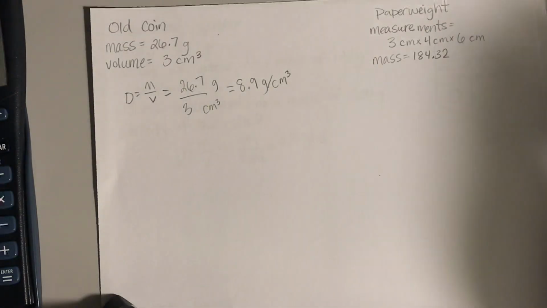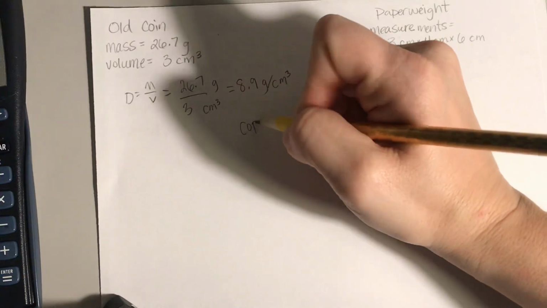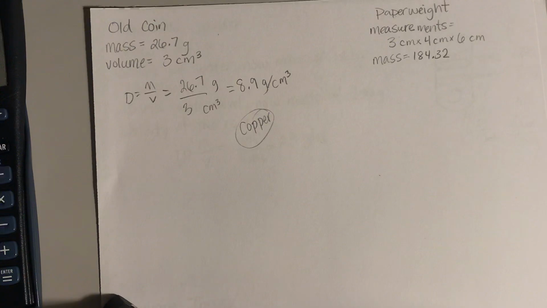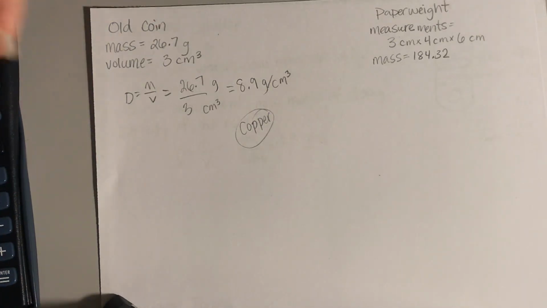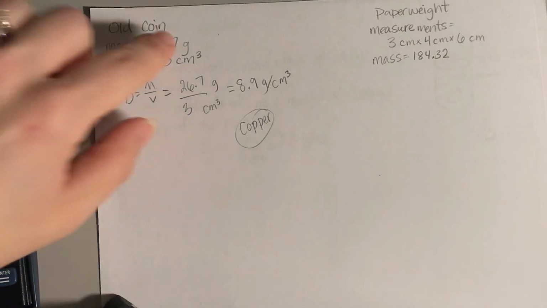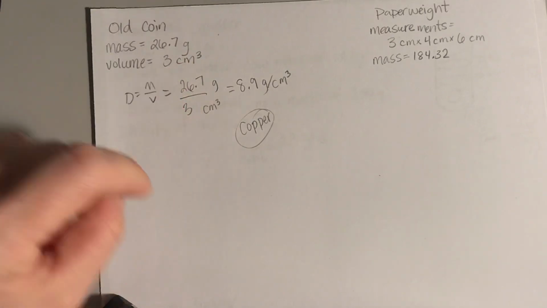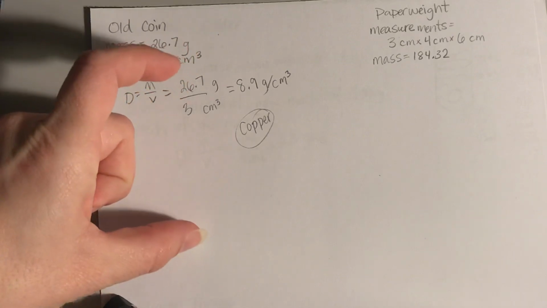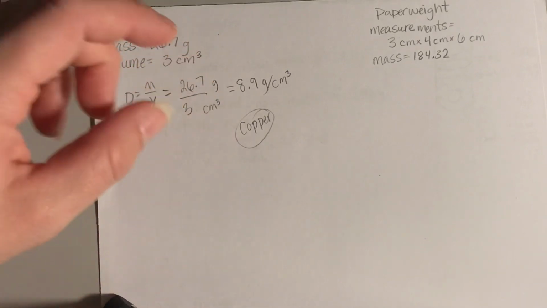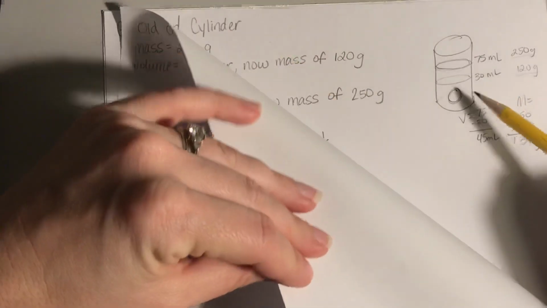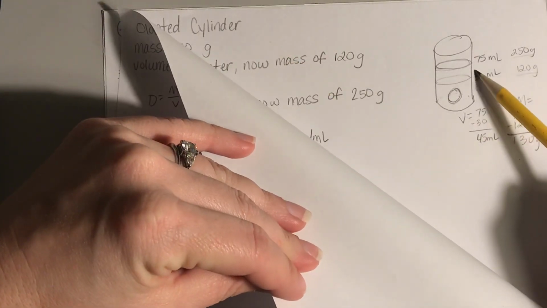Copper is 8.92. So why would it not be exactly 8.92? Well, maybe the scale that they used to measure only went to the tenths place. Maybe there was some estimation. They put it in to check the water displacement, the same way we had the problem with the rock, where they put the rock in and measured how much the water went up.